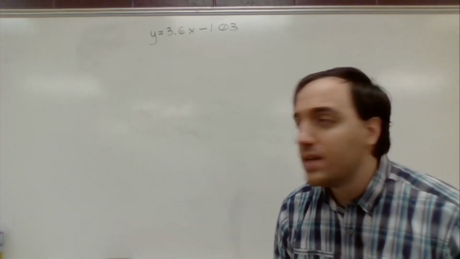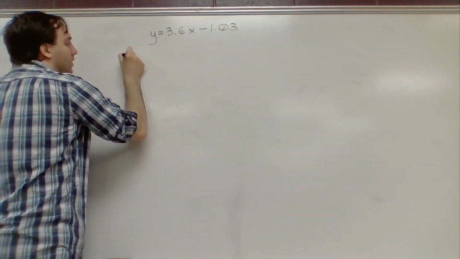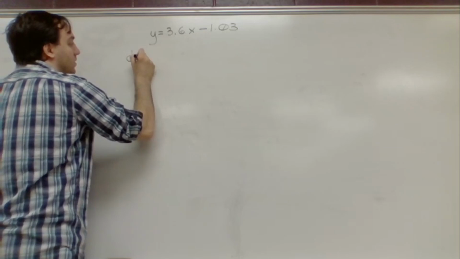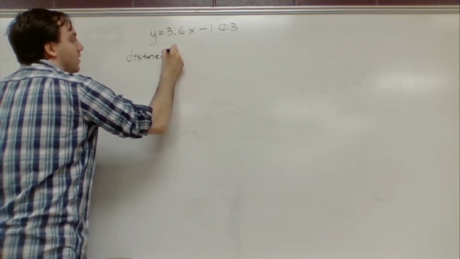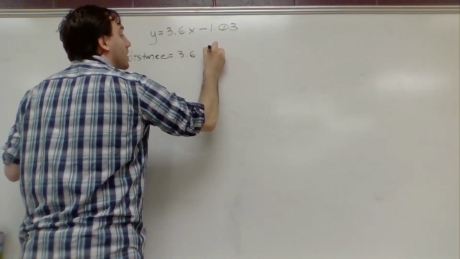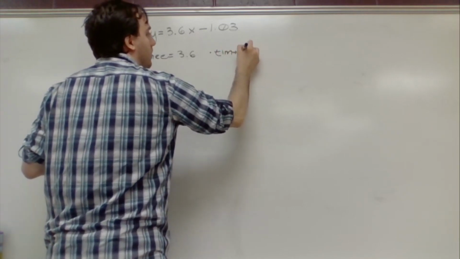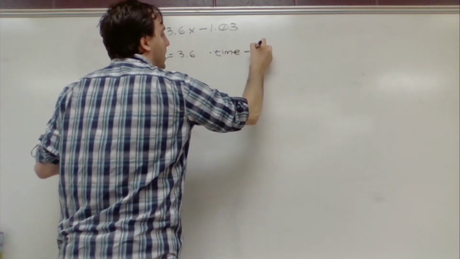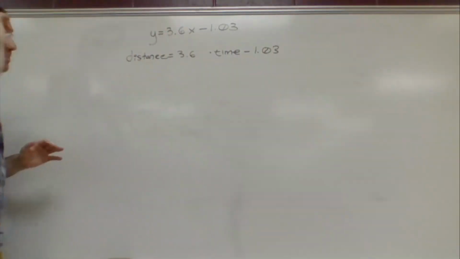So we said our y is distance. So the amount of distance this particular car is from a measured point is 3.6 something times time minus 1.03 something. Okay?